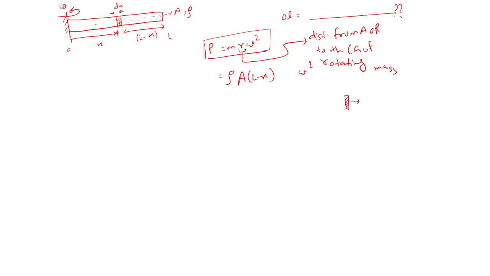So what would be the center of gravity for this much mass? Half of that length, L minus x by 2. But from where we have to take? This is the axis of rotation, right? So from here to here, what is the distance? That is the r.